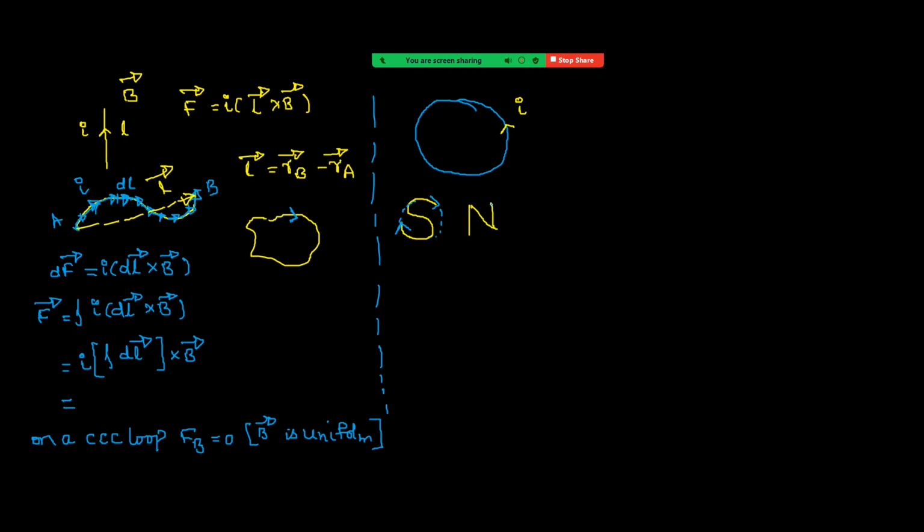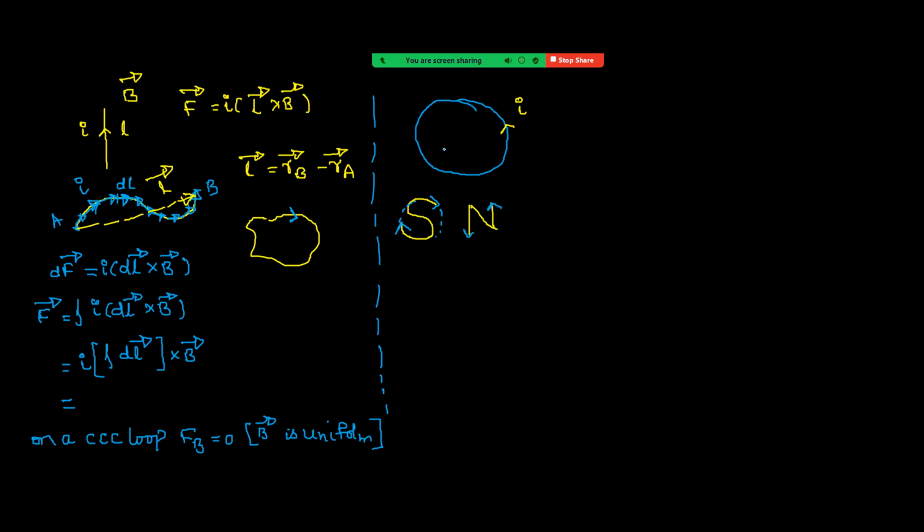And if a current appears to be anti-clockwise, that face acts as north pole. Now in this diagram, current is anti-clockwise. So for us, it is anti-clockwise. So this face acting as north pole, behind this face acting as south pole.